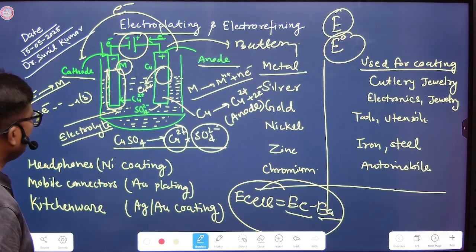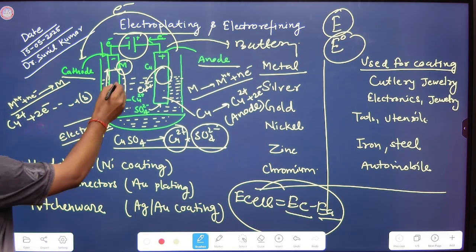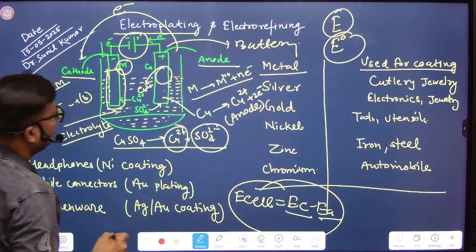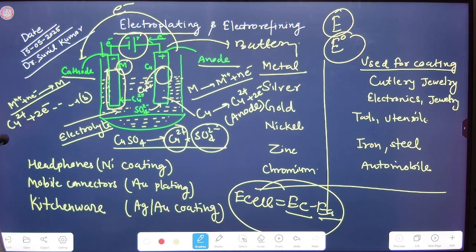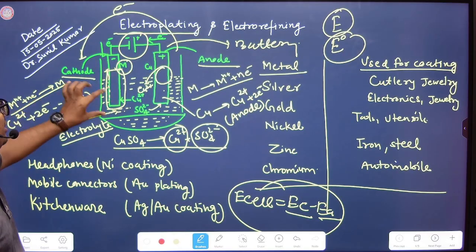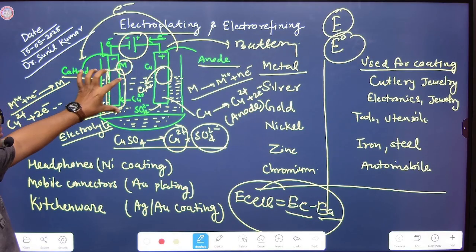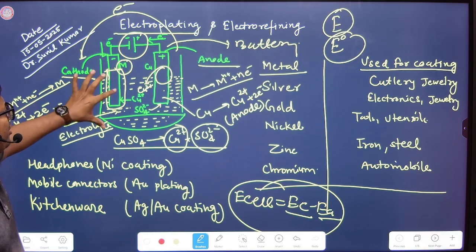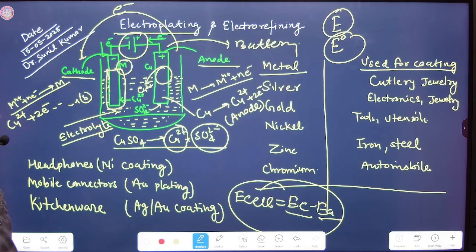Okay, so it is getting thicker and it is getting thinner. So this is what we call electroplating. Electroplating means some important anode metal is getting deposited or plated on the surface of the cathode, right?